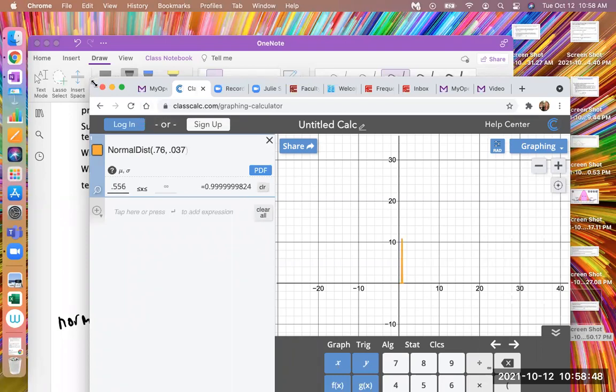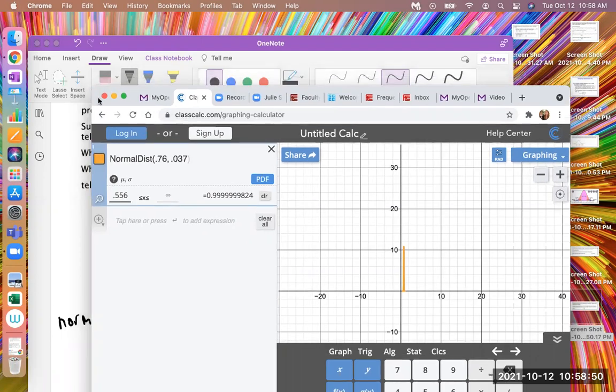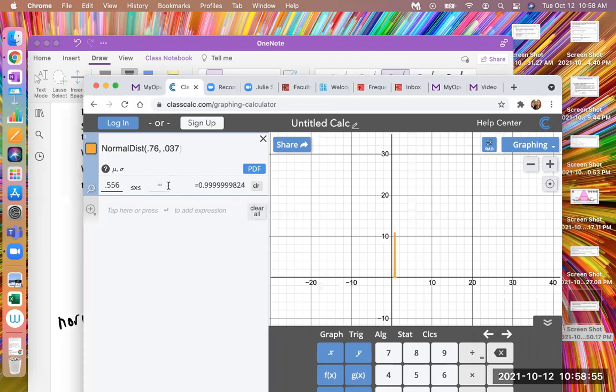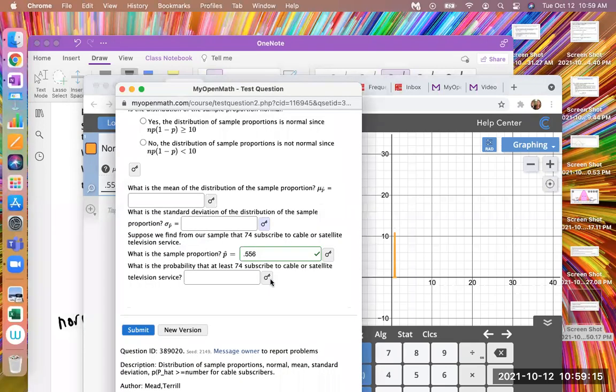The upper bound is positive infinity, which we already have input. So they're saying the probability is 0.999999999, which is basically one. We're 99.99999% sure.